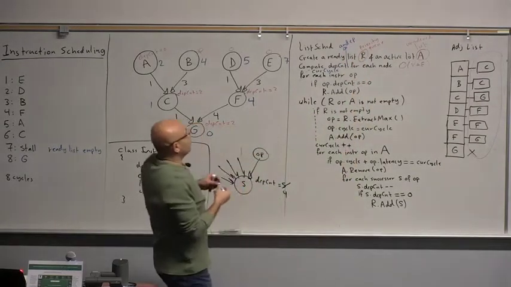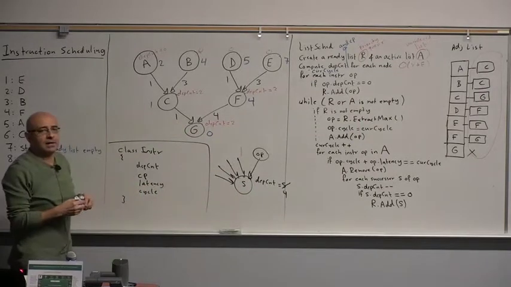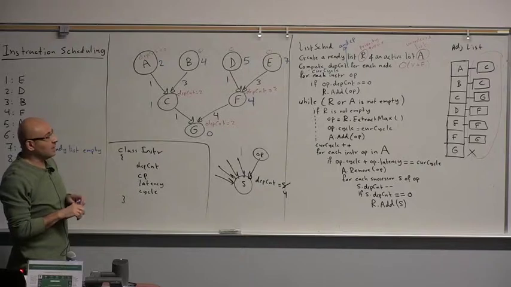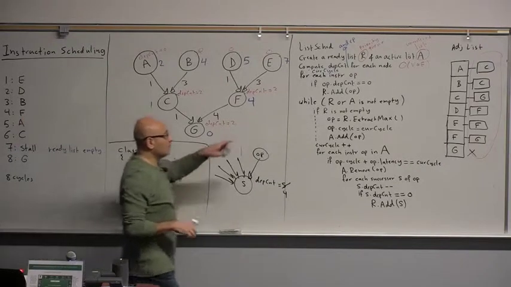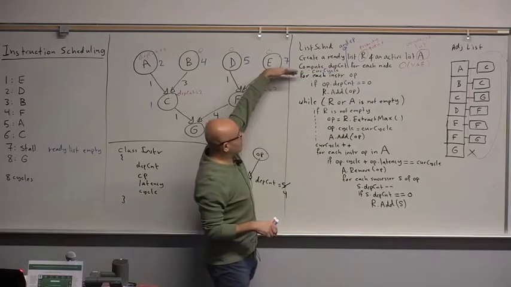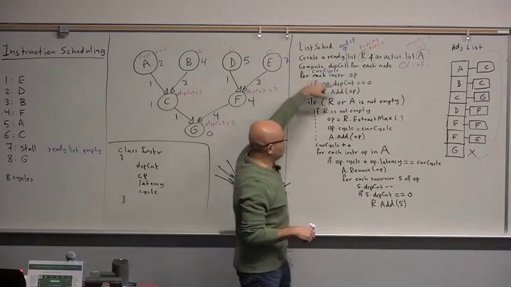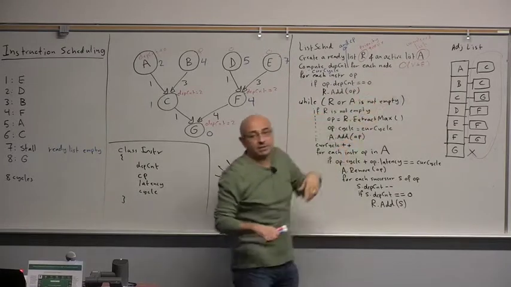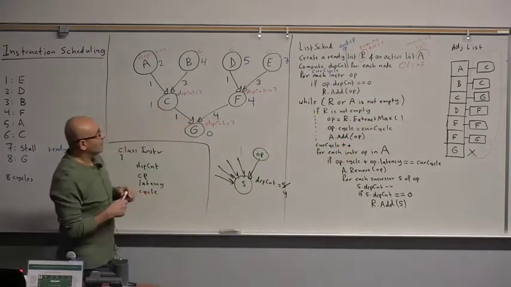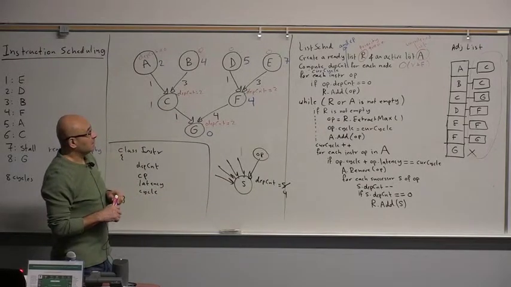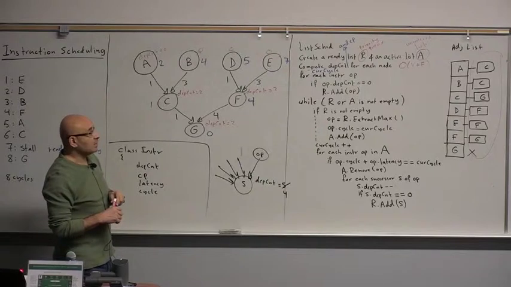Even computing the critical path, as we said last time, is going to be a DFS, another V plus E. So dependent count and critical path, each one of them is going to be V plus E. So the total asymptotic complexity for this is V plus E. So it's not going to add to the asymptotic complexity, because it will only multiply it by a constant.